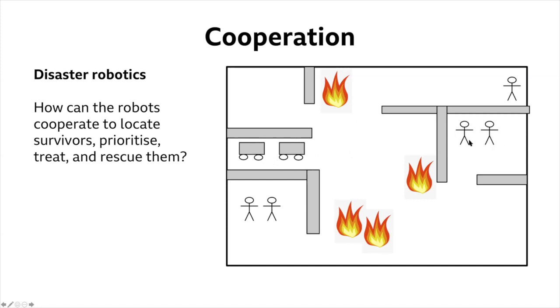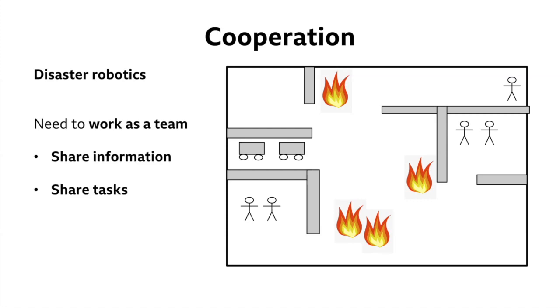A robot finding these two over here might inform that it had found some trapped survivors, and so on. So how do they organize themselves as a team in the same way that a human team would organize themselves? So that's the question of cooperation.